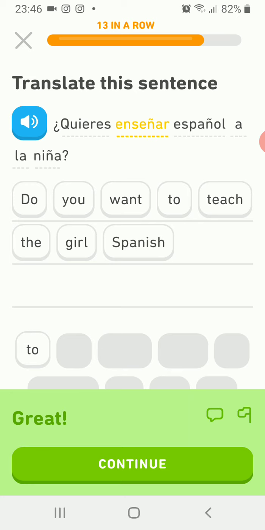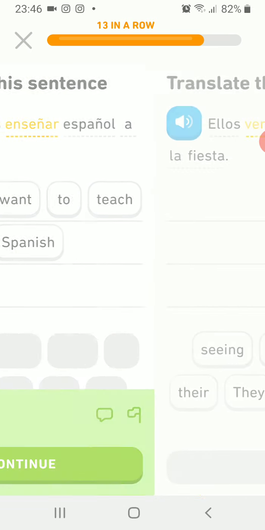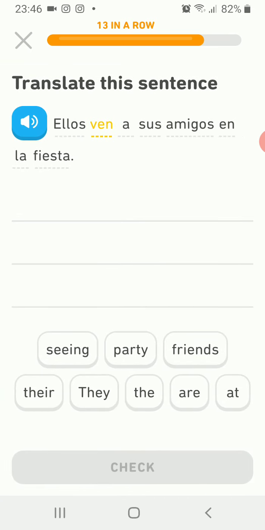So that's what it's all about. So I think if I would put, do you want to teach Spanish to the girl, it would also be correct. But do you want to teach the girl Spanish? Teach the girl Spanish, yeah.